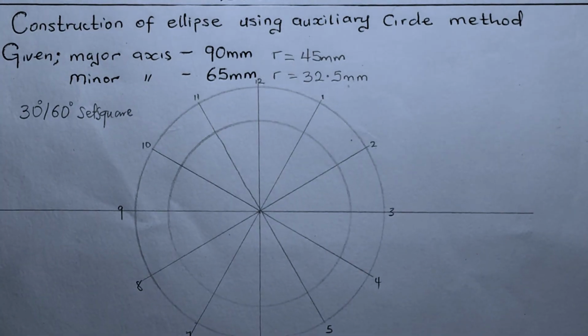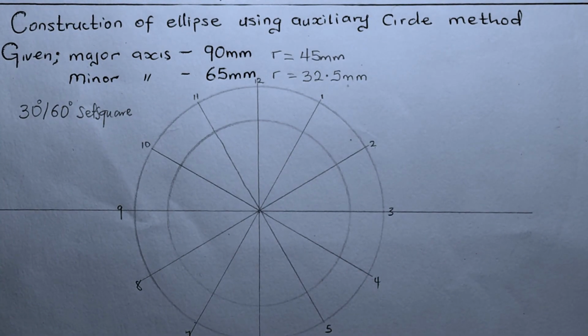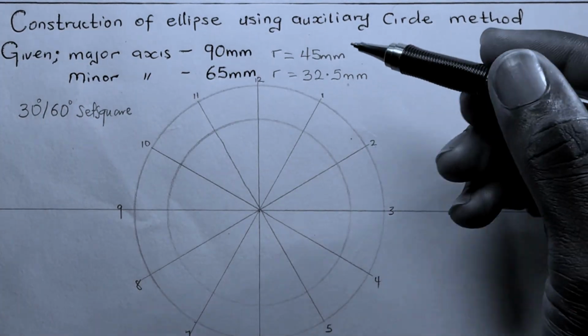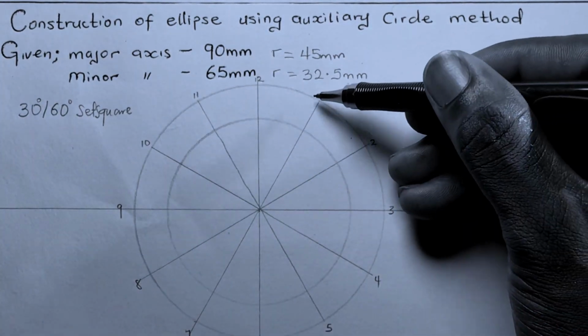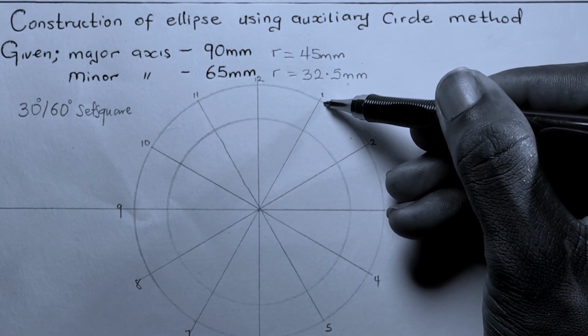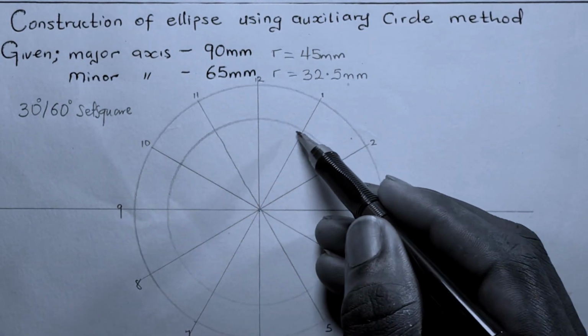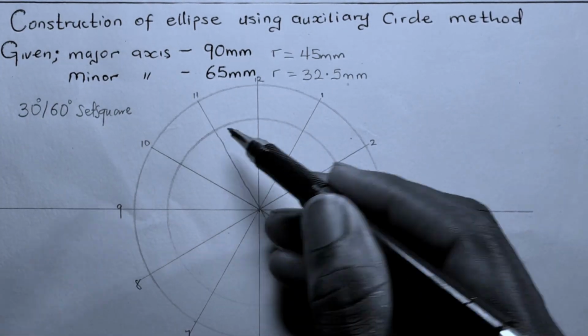After dividing it into 12 equal parts, the next thing to do is to draw vertical lines from the points at which these lines intersect the bigger circle, and then we draw horizontal lines for the inner circle.